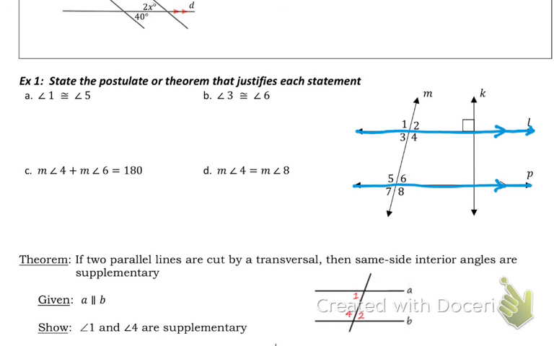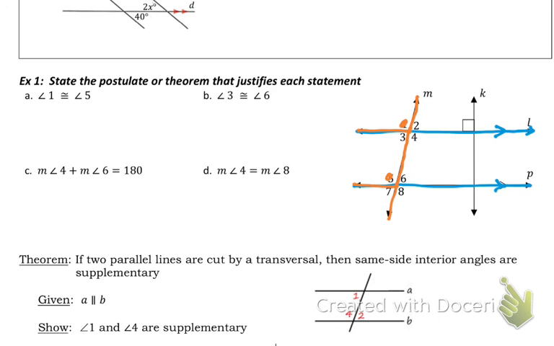Now, you guys have pencils, right? Highlight 1 and 5 and then just erase them. Well, 1 and 5, are we 100% positive those form 2 lines and 1 transversal? Yes.